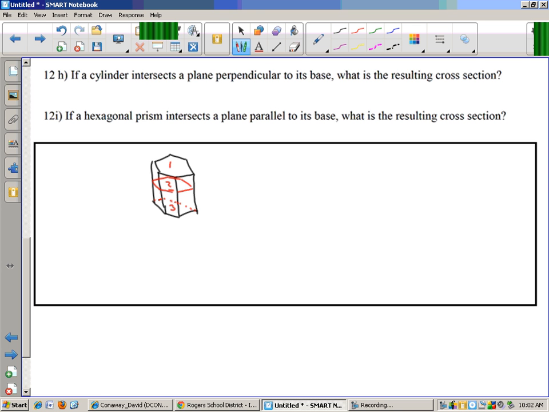So if a hexagonal prism intersects a plane parallel to its base, if this plane were to slice through that prism, what shape would I get back? Hexagon, same as the base. It's like a big block of cheese, right? If I just slice off a layer using this knife, the layer is going to look like a hexagon.